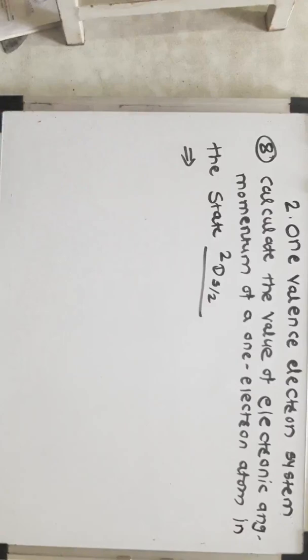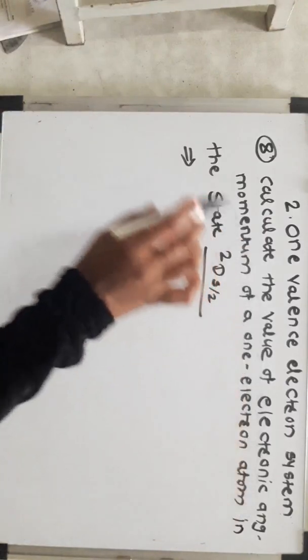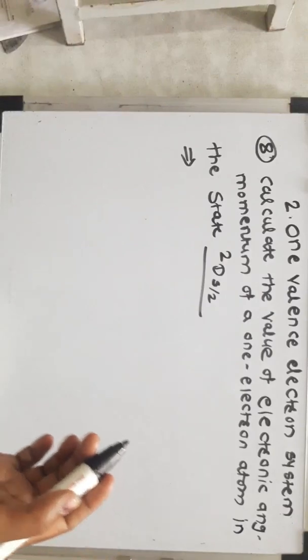The atomic state is given, and you have to calculate the value of electronic angular momentum. Electronic angular momentum is nothing but the total angular momentum.